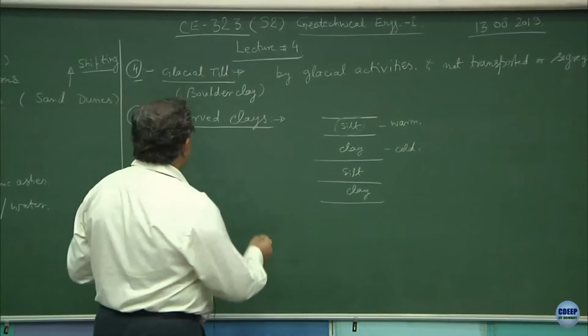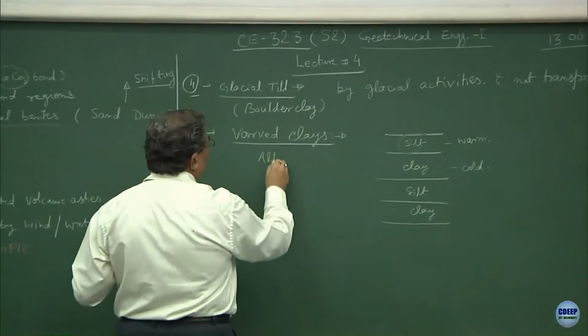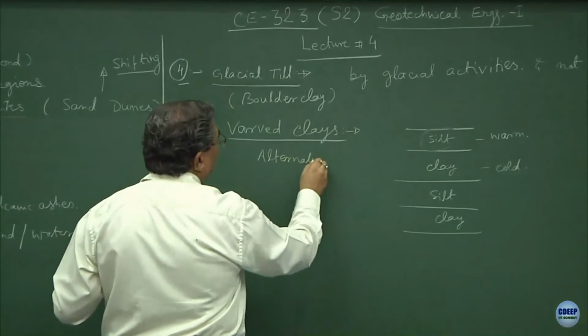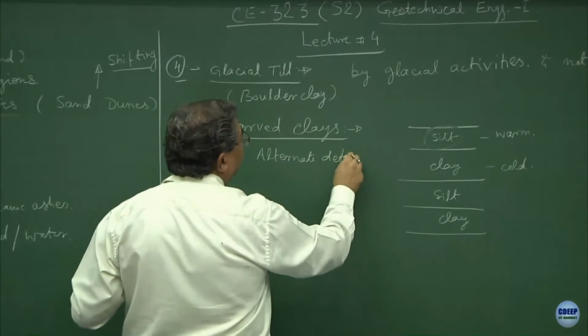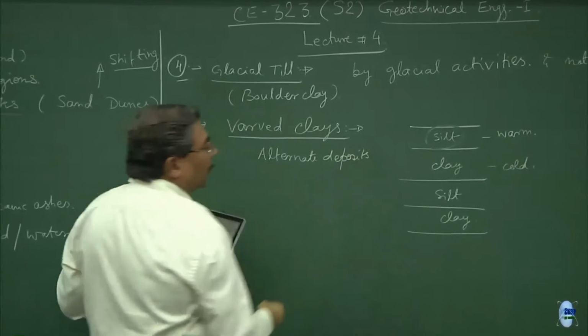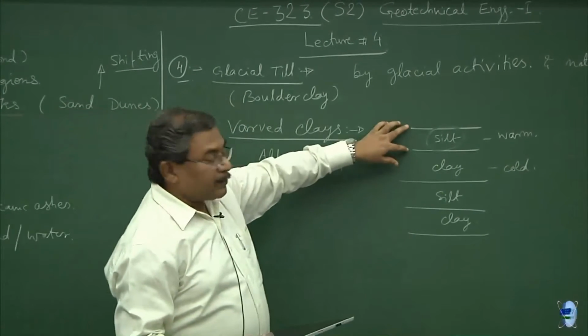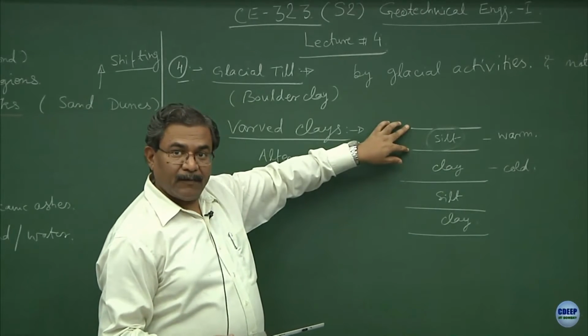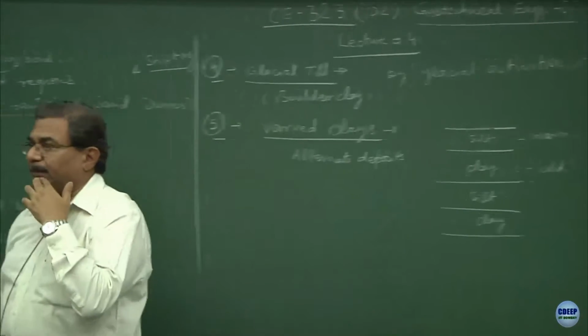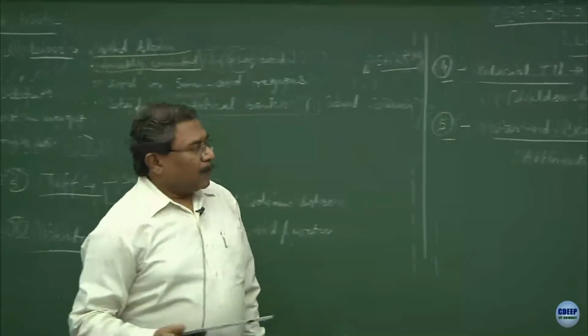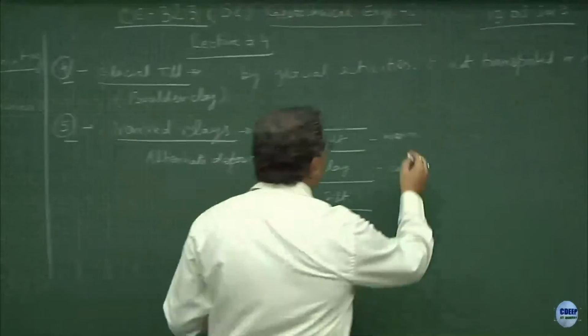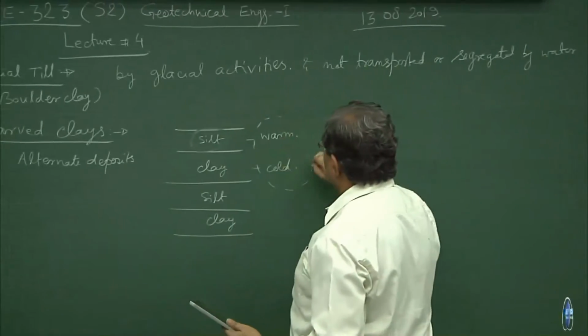So, these are basically alternate deposits. The thickness of these deposits could be substantial, few tens of meters even. I think now you can realize what is the influence of the environmental activities on the formation of the soil.